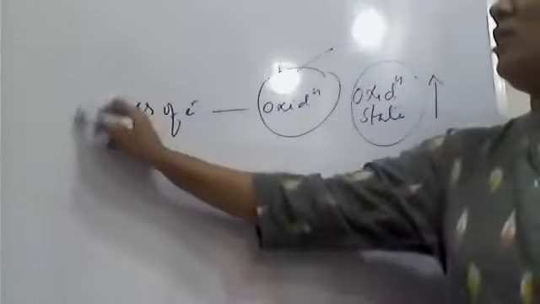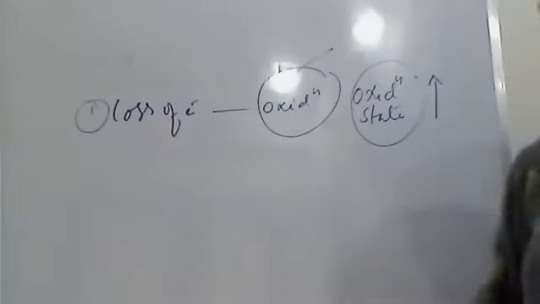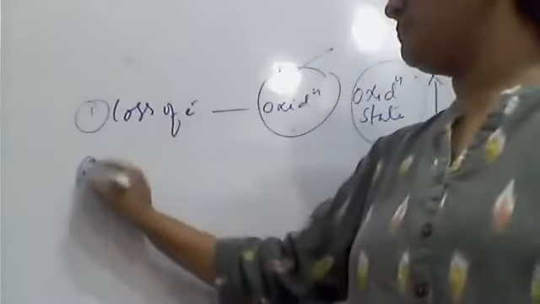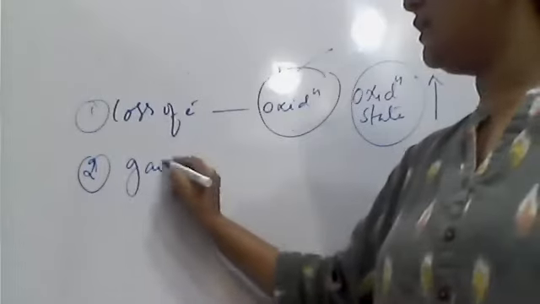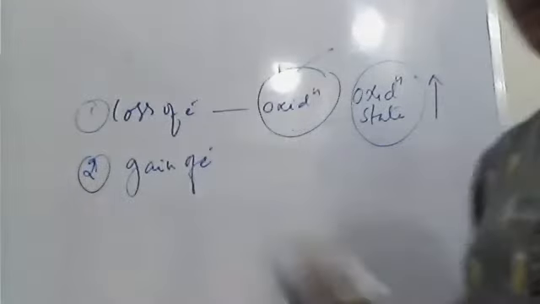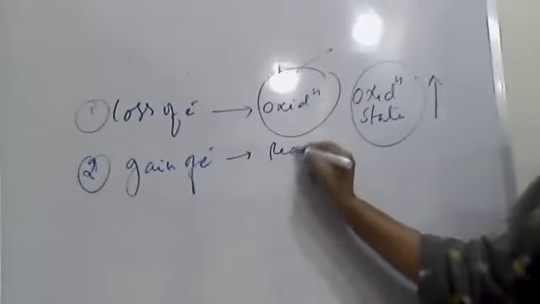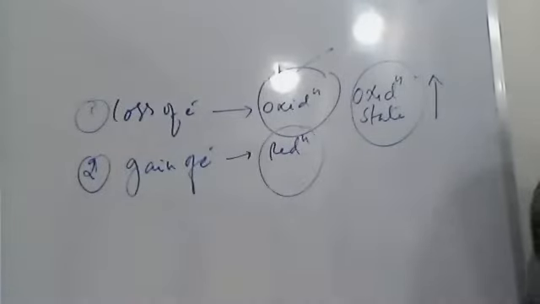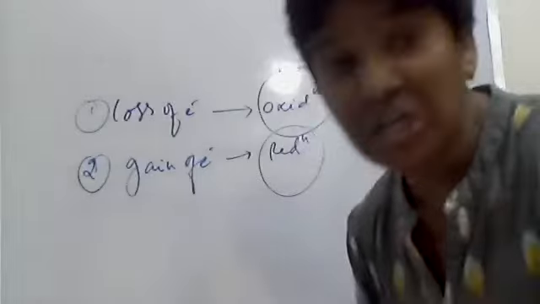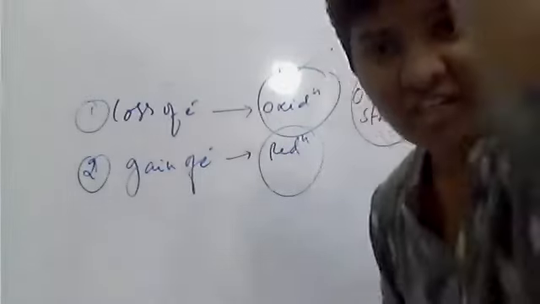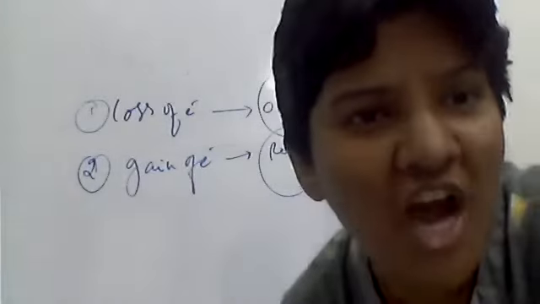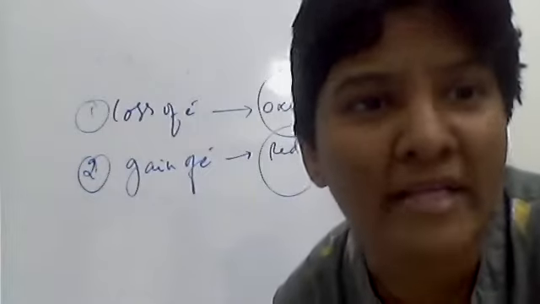It is by loss of electron. And we know that reduction happens by gain of electron. Gain of electron is known as reduction. Due to gain of electron, the oxidation state decreases because the charge of an electron is -1.